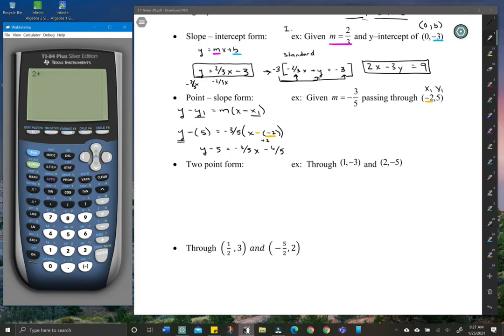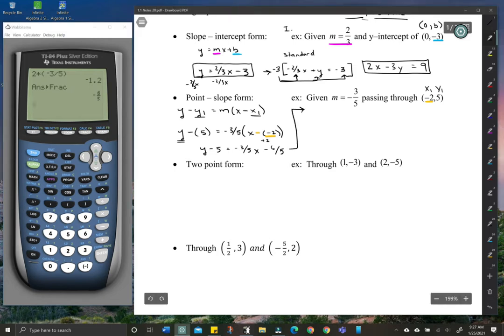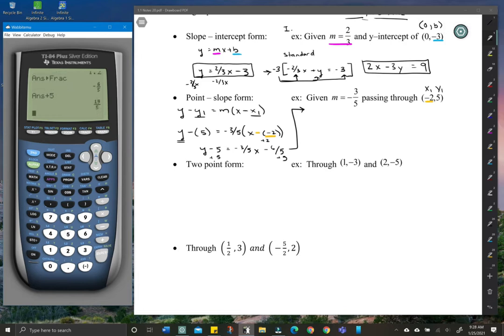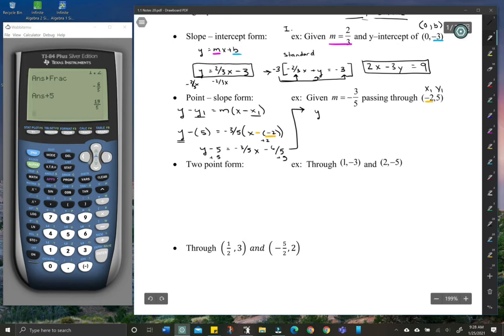That's what your graphing calculators are for, and generally always write them as fractions, negative 6/5. So we're almost to slope-intercept form if we add 5 over. Again, my calculator can help me with that. y is equal to negative 3/5 x plus 19/5. Okay, so that's slope-intercept form.